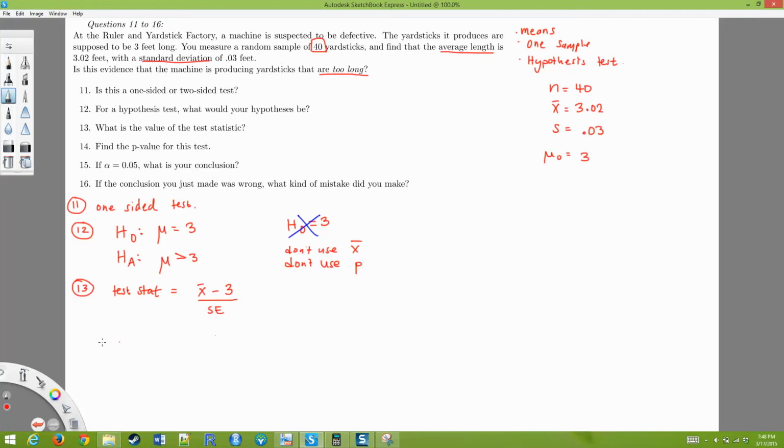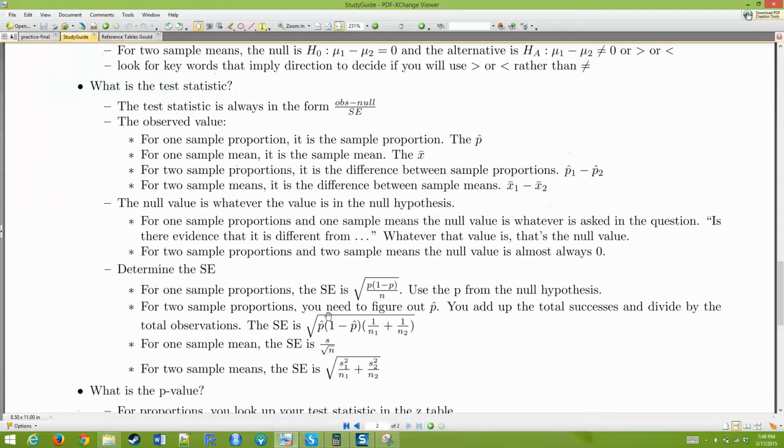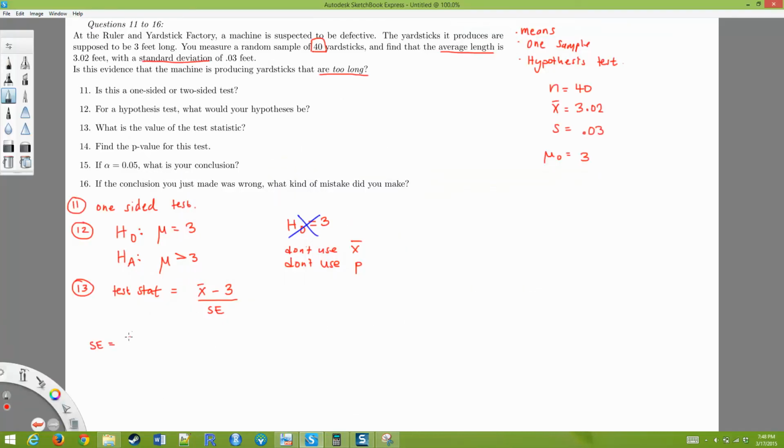Okay, so our standard error we have to calculate. And if you can't remember, you can always check here. Standard error is, for one sample mean, s over the square root of n. So our standard error is s over the square root of n. Okay? So now we have everything that we need to get our test statistic.